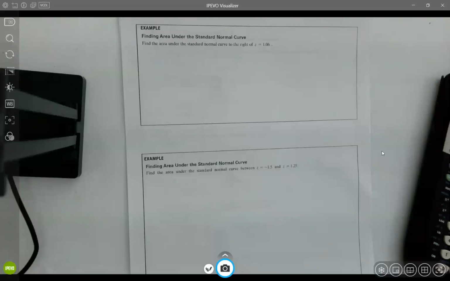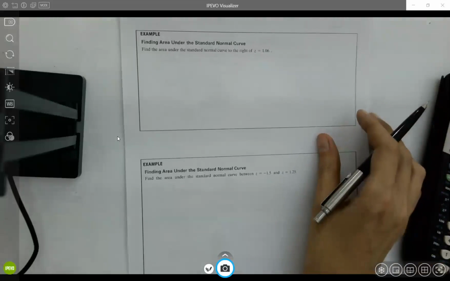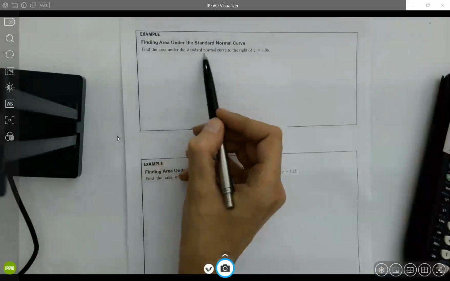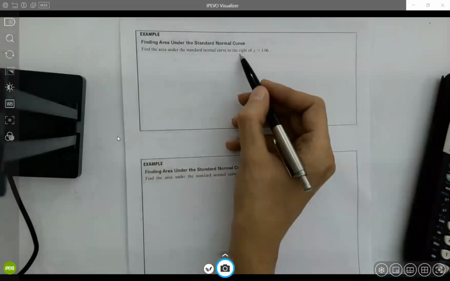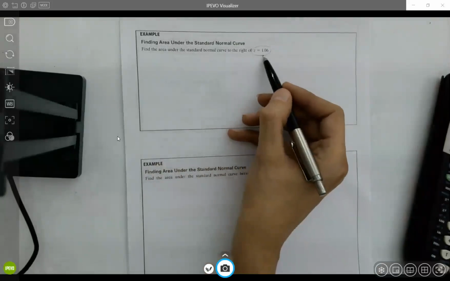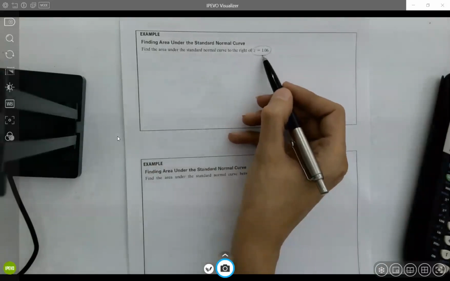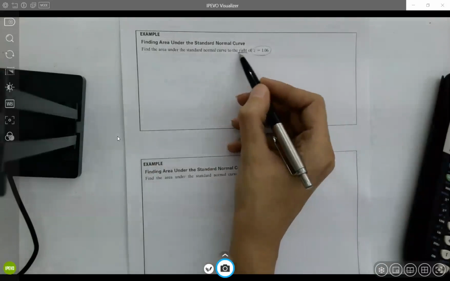More examples. On page 5, the question says find the area under the standard normal curve to the right of z equals 1.06. You get a positive number and it's on the right-hand side.